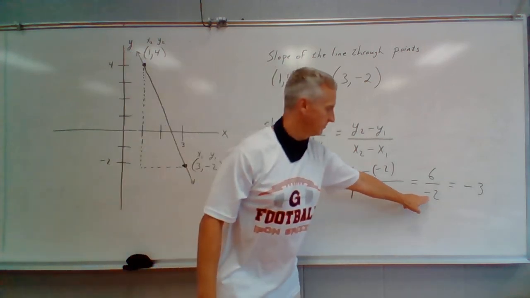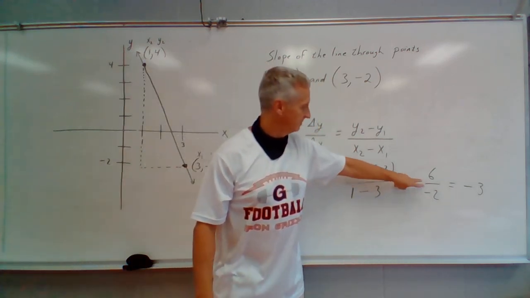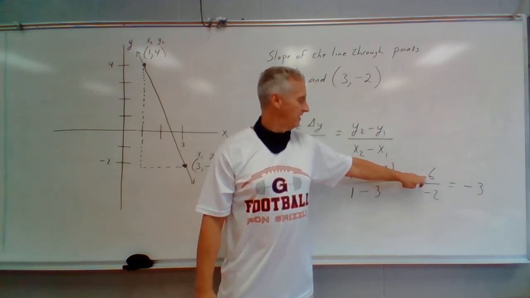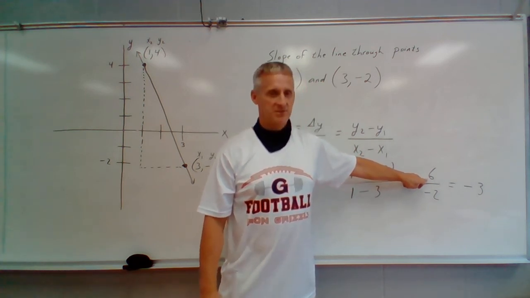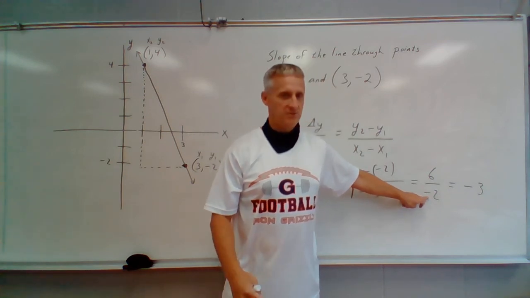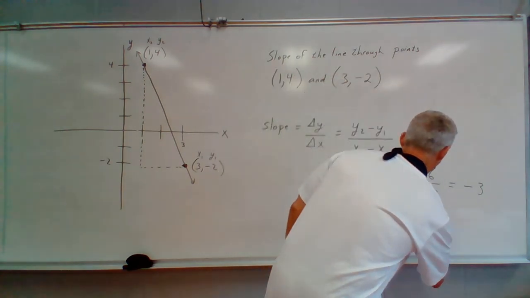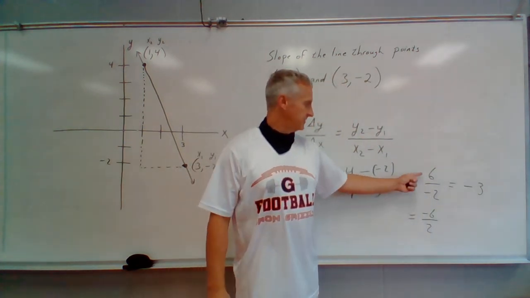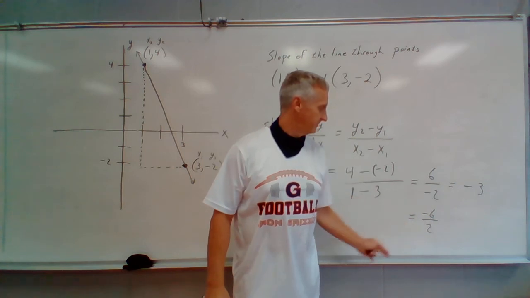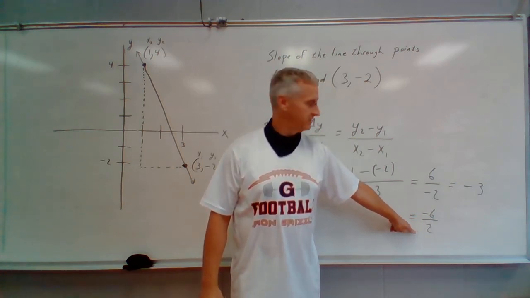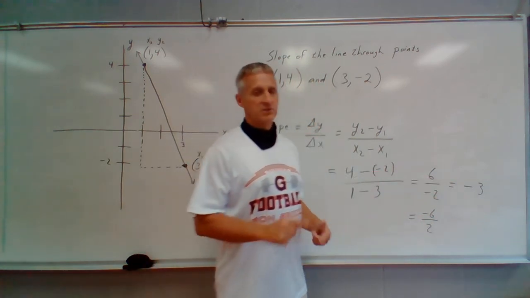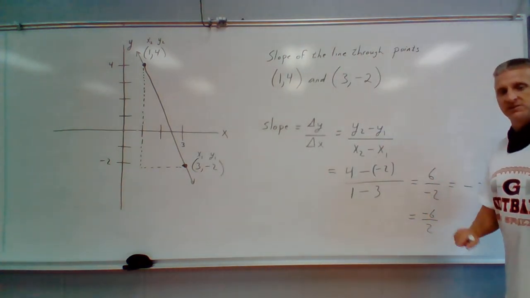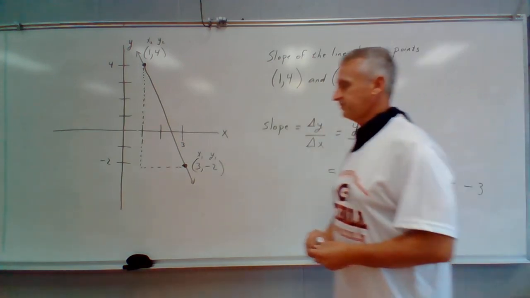So right 2. Now I said go down 6 and right 2. So if you went down 6, this should be a negative 6. And if you go right 2, that should be a positive 2. But notice these are the same. 6 divided by negative 2 is negative 3. Negative 6 divided by positive 2 is also negative 3. So it doesn't matter whether your negative is on the bottom or on the top, you'll still get the same answer.